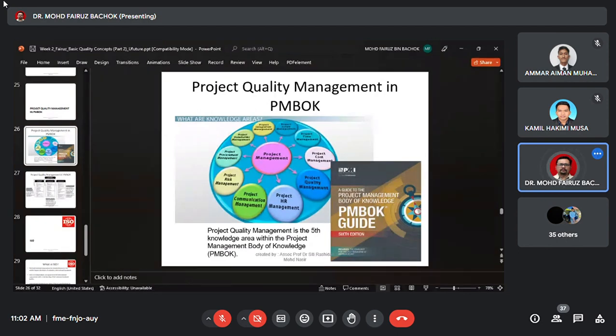If you are a contractor, you should know all of this body of knowledge in project management. If you are HR for the project, or a quantity surveyor, you should know the project cost management.